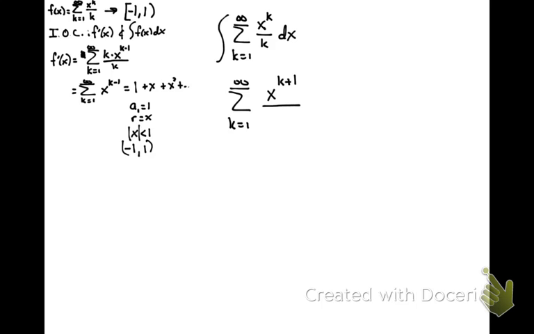The denominator will include k times k plus 1. And since we integrated with no limits of integration, this will be plus some constant, c.